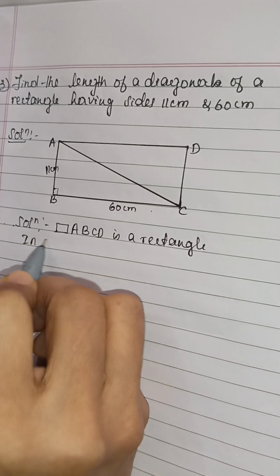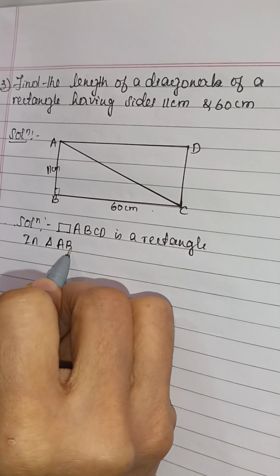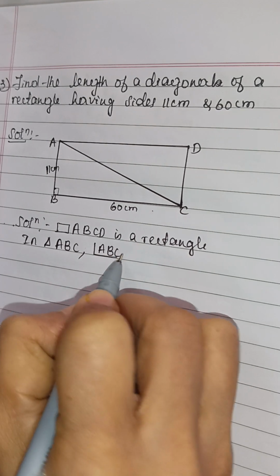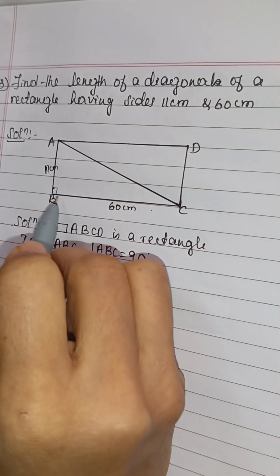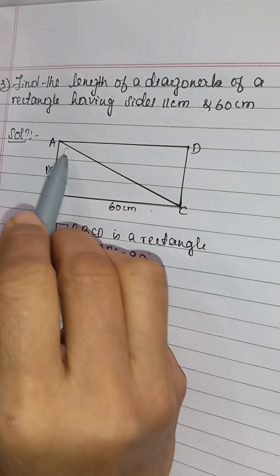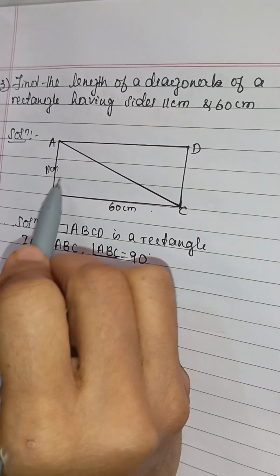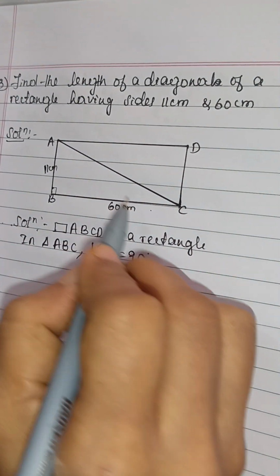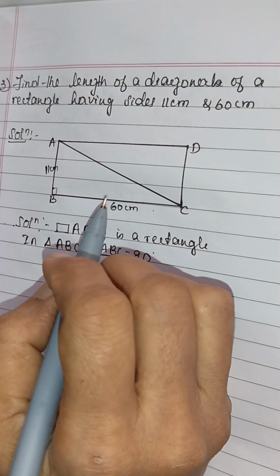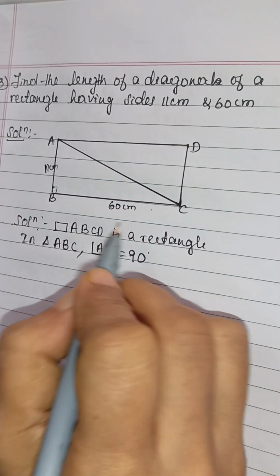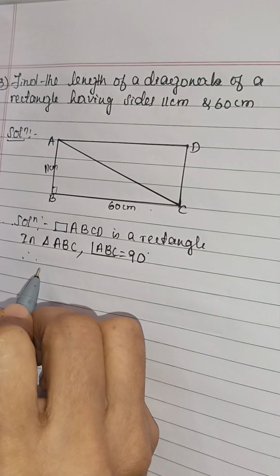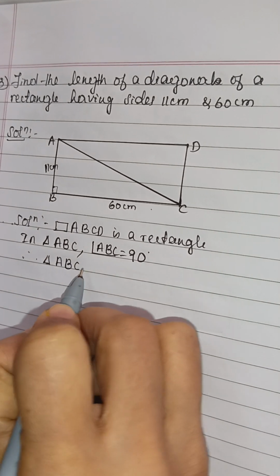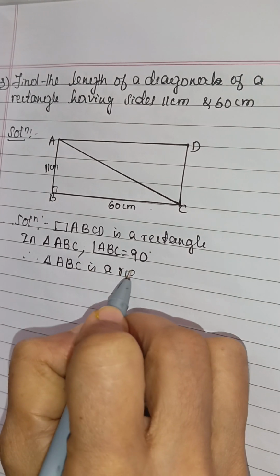In triangle ABC, angle ABC is 90 degrees. Therefore, AC becomes the hypotenuse, since the side opposite to a right angle is the hypotenuse. Here we can use Pythagoras theorem. Therefore, triangle ABC is a right angle triangle.